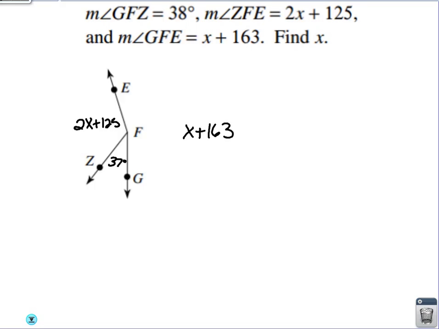Kyle, could you write me an equation using this? This angle is 37, this is 2x plus 125, the whole thing is x plus 163. I'll start you out: 2x plus 125, that piece.